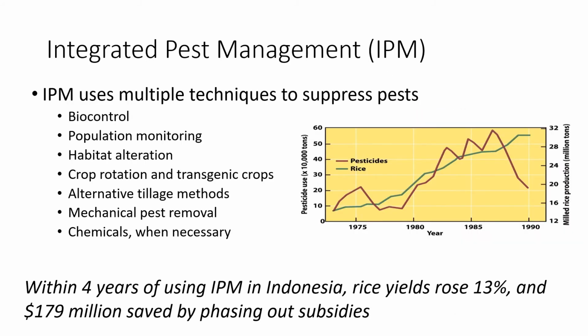So, like I said, integrated pest management uses many techniques. You're integrating many different techniques to suppress these pests. We're going to go over some of these in detail, such as biocontrol and crop rotation. But you can also just monitor your population, and maybe the pests aren't so bad and you don't have to do anything.